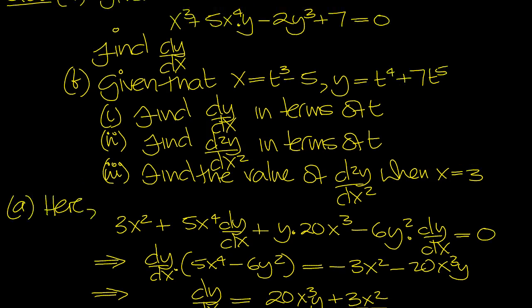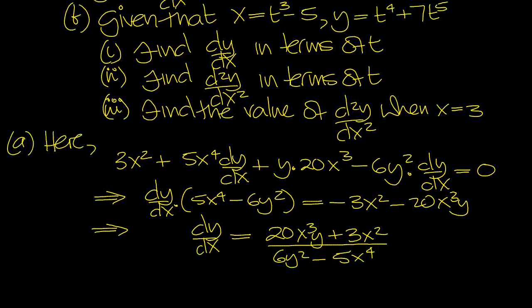So that's part A. Given that x is equal to t cubed minus 5, y is equal to this, find dy/dx in terms of t. So here we need dx/dt and dy/dt, don't we?